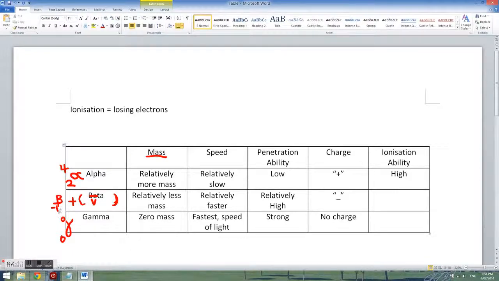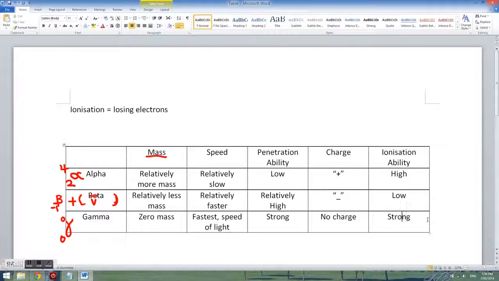In contrast, your beta particle is negatively charged. When it travels through, it has some ionization effect, but it's not as high as the alpha particle. So let's write down low. Now, your gamma ray has a really strong ionization ability.